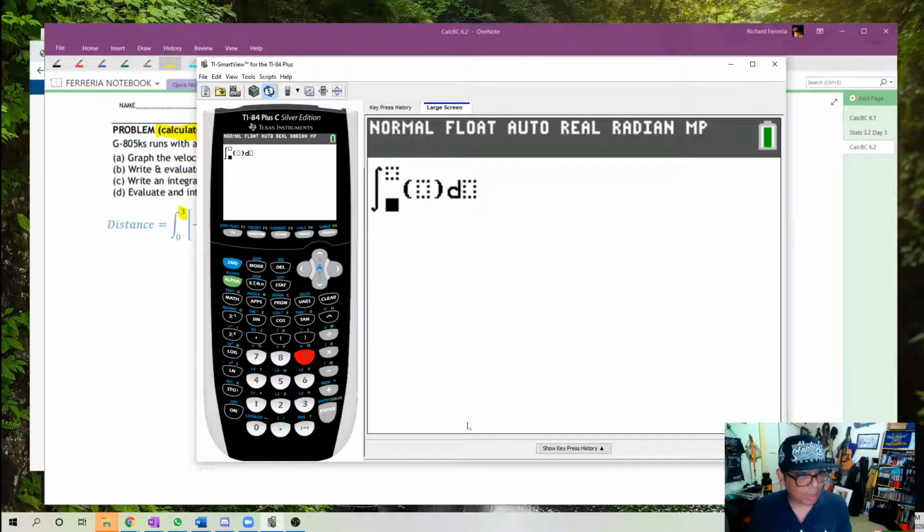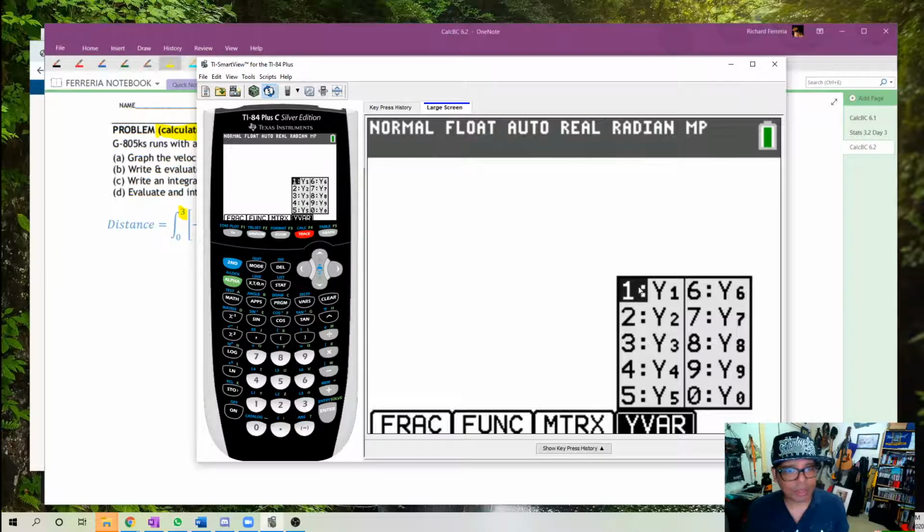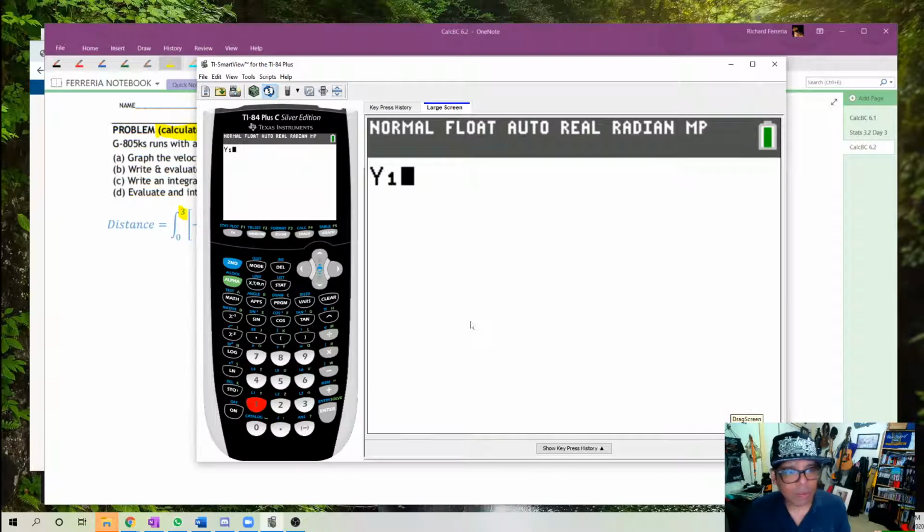It just sets up the integral for you. I'll clear that off to show you the other way to get this. This is the new way of doing it. You would push alpha and then trace, and that brings up a soft menu with all of the y1 through y0. Again, this is the first one, so I'm going to push y1.